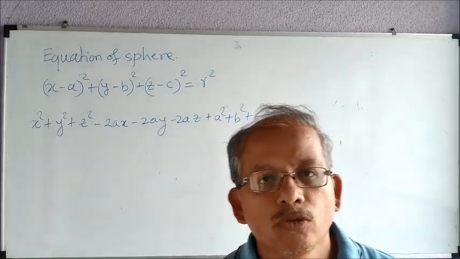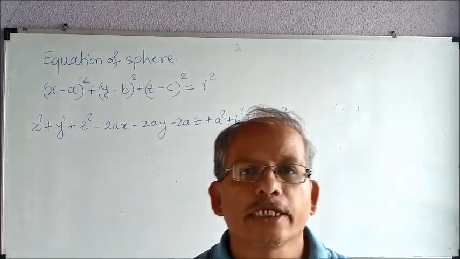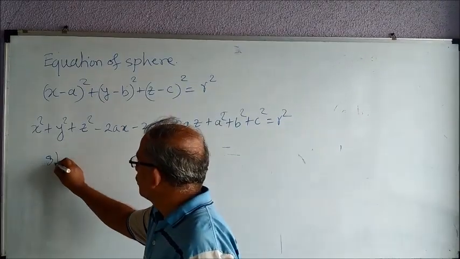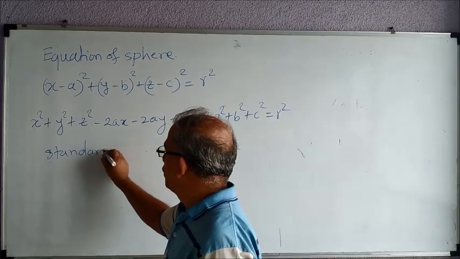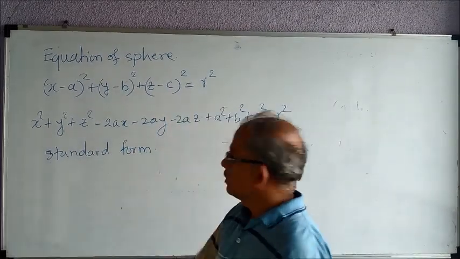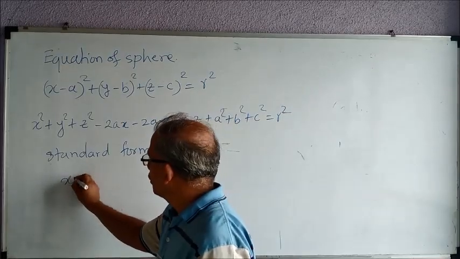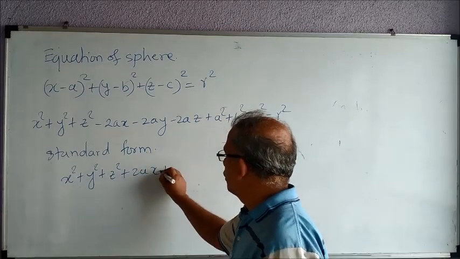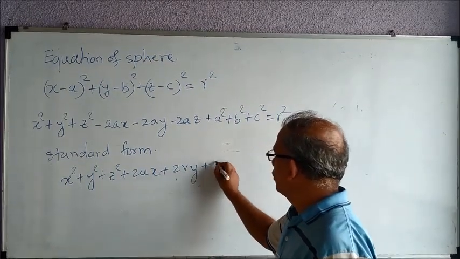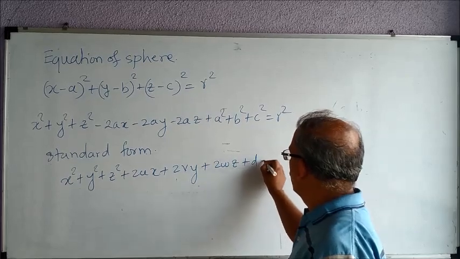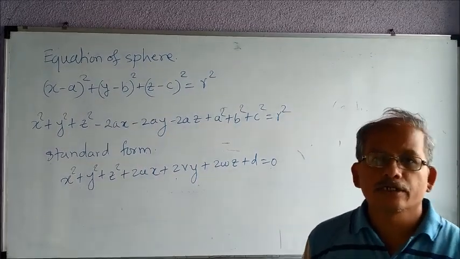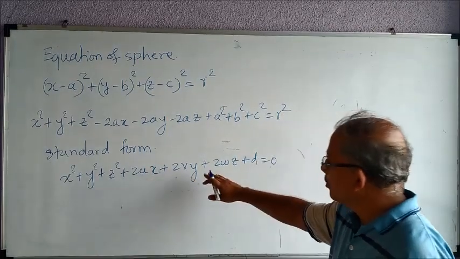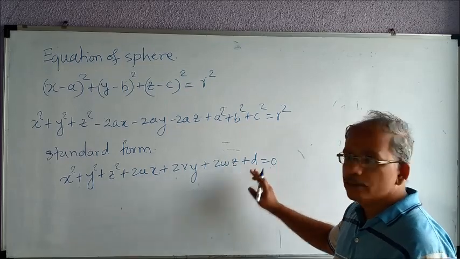Now, if you look at the standard form of any second degree equation, the standard form is like this: x square plus y square plus z square plus 2ux plus 2vy plus 2wz plus d equal to 0.